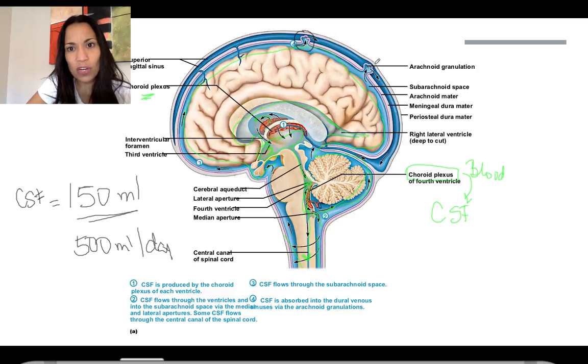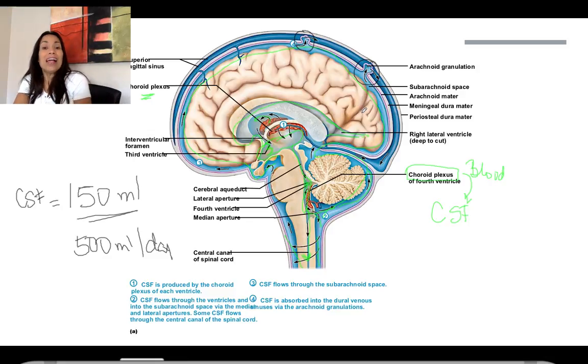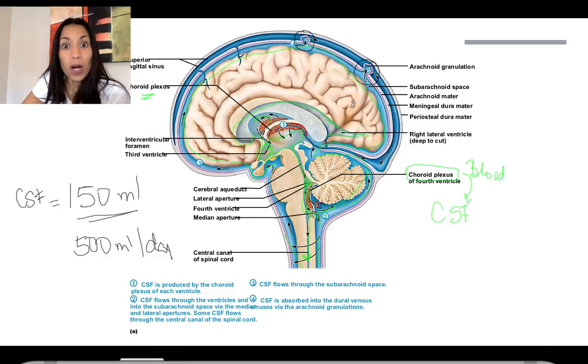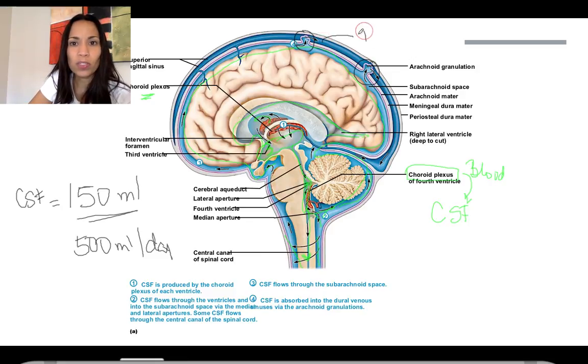Remember these structures that I told you? Hey, pay attention to this. Part of this liquid is reabsorbed into the general circulation. When the cerebrospinal fluid is flowing through the subarachnoid space, remember that the arachnoid peeks into the dural sinuses that act like veins.